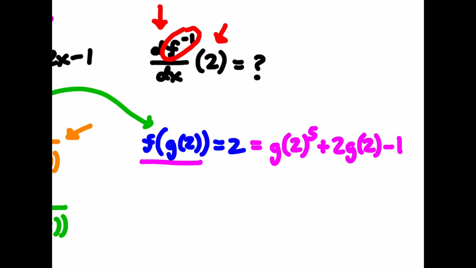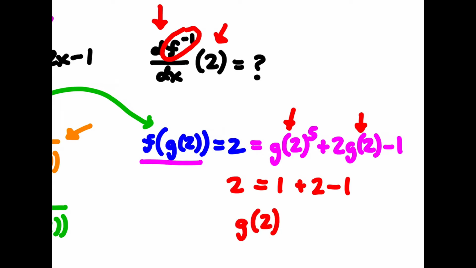All right, so now we have this equation, and this one's actually pretty easy to solve because you can just use guess and check. So g of 2 is going to be equal to 1, because if you put a 1 in here, it would be 1 to the fifth plus 2 times 1 minus 1, which is equal to 2. So that proves that g of 2 is equal to 1.